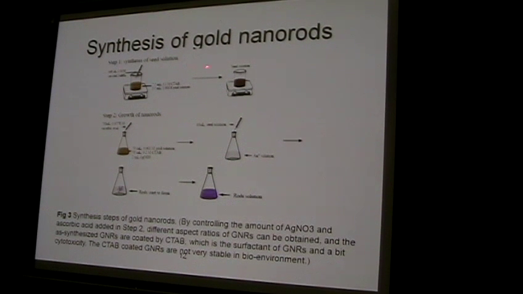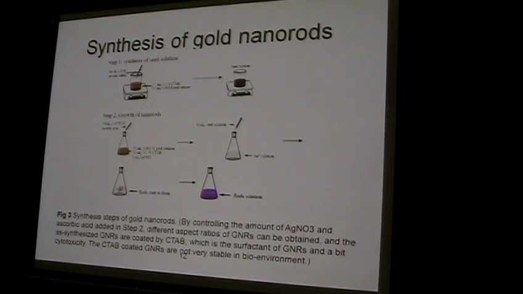And we synthesize these gold nanorods in our chemical lab. We first grow seed gold nanorods in this chemical liquid, and then let them keep growing and become longer, making more gold nanorods.